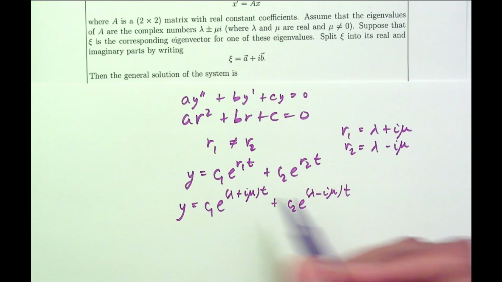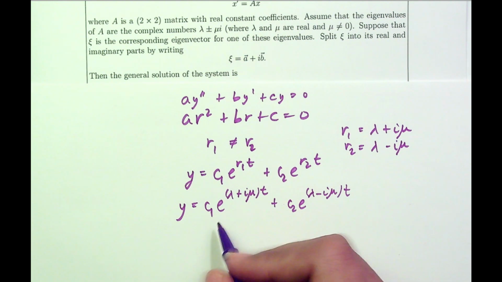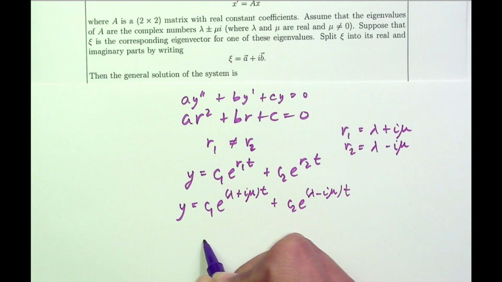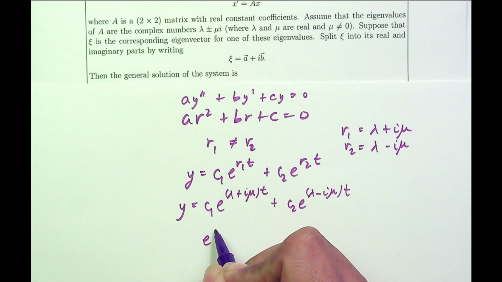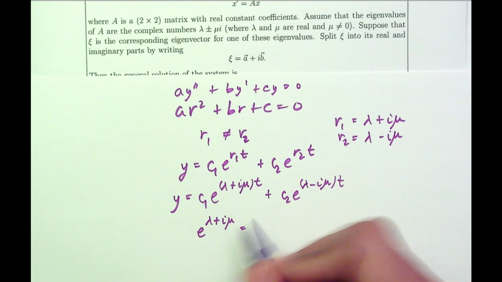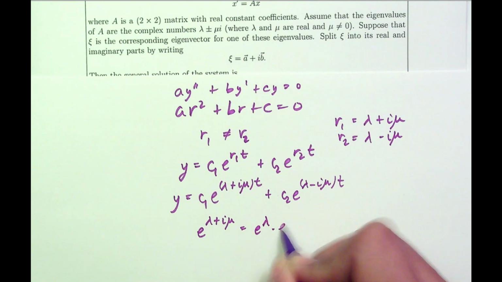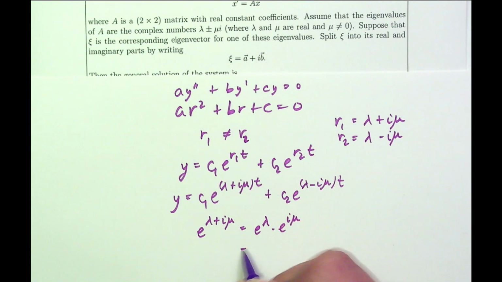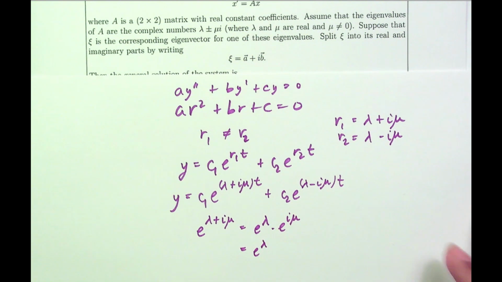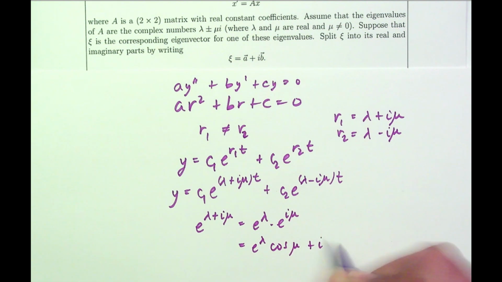Remember that to interpret what e to a complex number means, we use the formula that says e to the lambda plus i mu, and I'm leaving the t out for a second, just a complex number, means e to the lambda times e to the i mu by the rule of exponents, which is e to the lambda, and then this part meant cosine of mu plus i sine of mu.